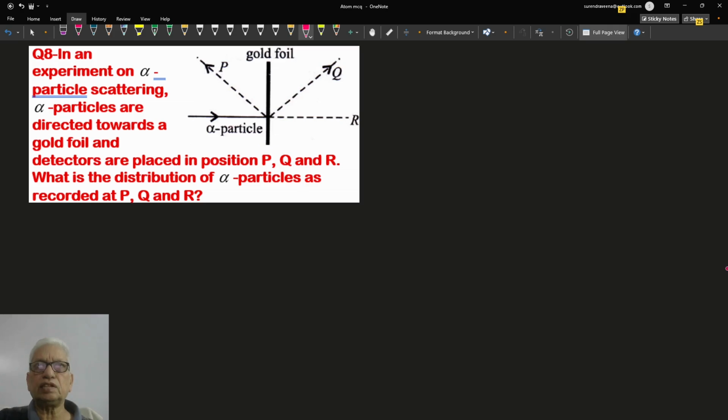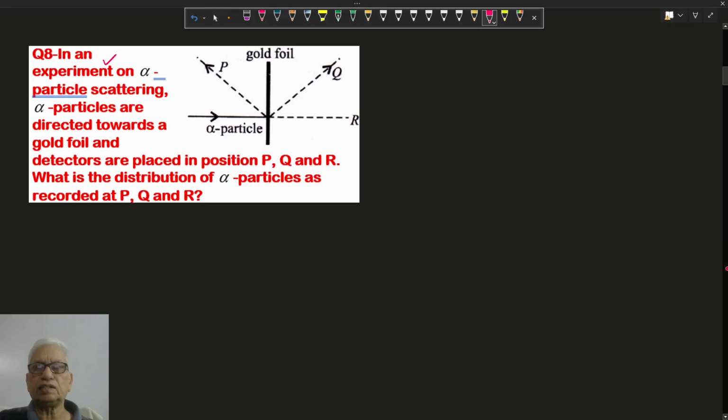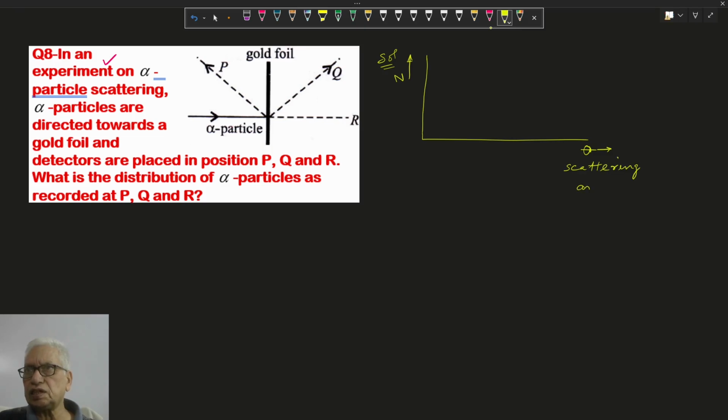In this question, alpha particle scattering is given. Let us say the graph is between the number of alpha particles scattered versus the scattering angle. We get this sort of graph with 180 degree, 90 degree, 0 degree.